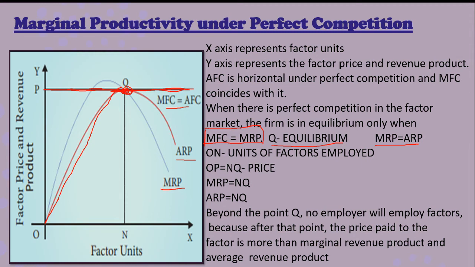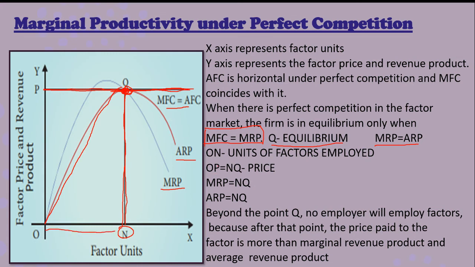So at this equilibrium point, if you draw a line perpendicular to the x-axis, it meets the x-axis at N. So இந்த Qல இருந்து ஸ்ட்ரெயிட்டா ஒரு லைன் போடுறேன். அந்த லைன் வந்து x-axisல எந்த இடத்துல மீட் பண்ணுது? N இடத்துல மீட் பண்ணுது. So how much is the factor units? ON factor units.